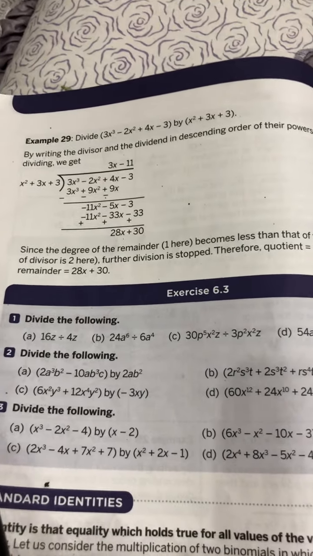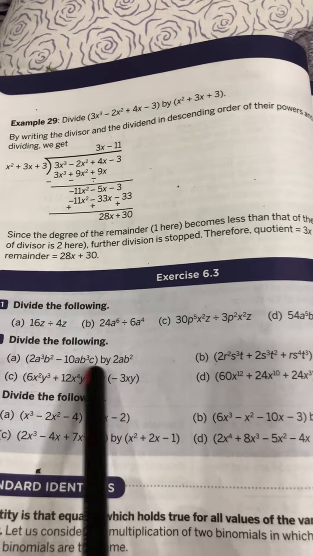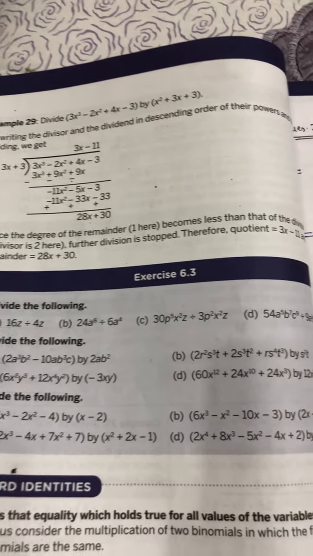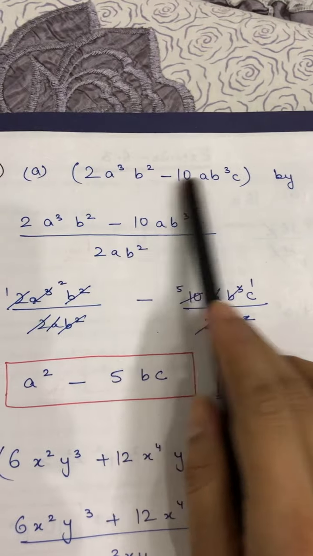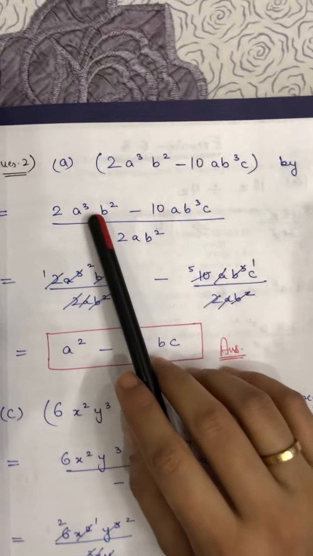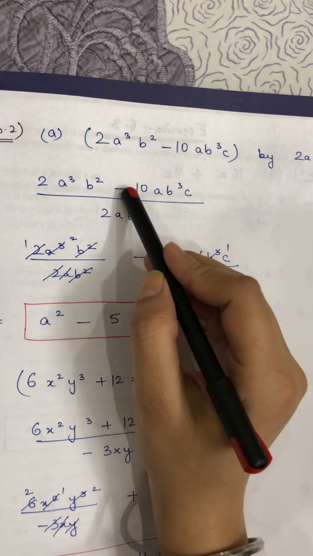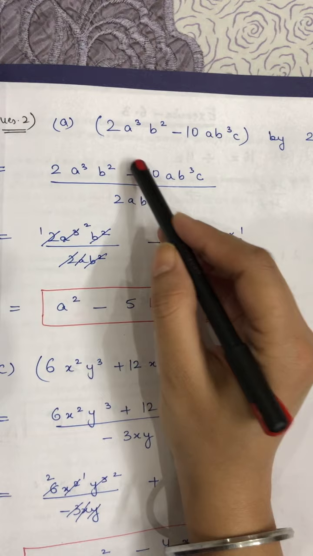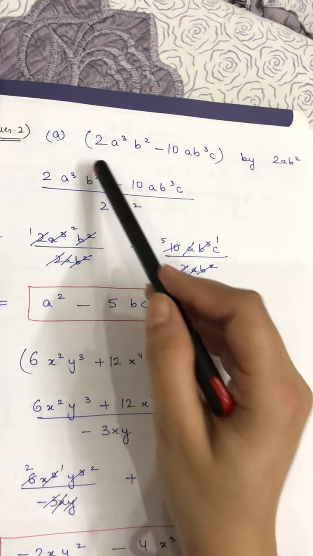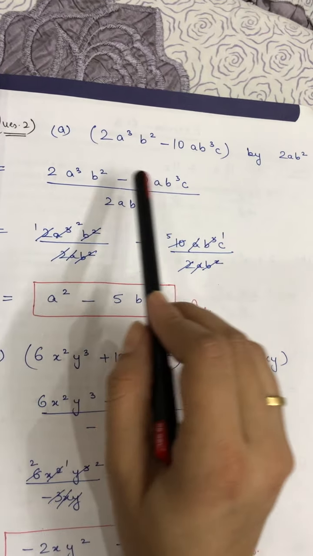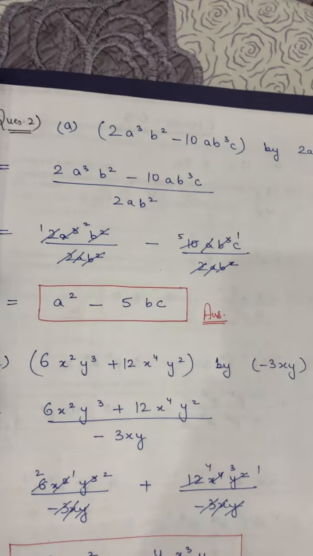Now in the case of the second question, the first expression is either a binomial or a polynomial. So in this numerator, either they have a minus sign in between or a plus sign. So you have to divide the denominator separately, one by one, with both the terms of the numerator.